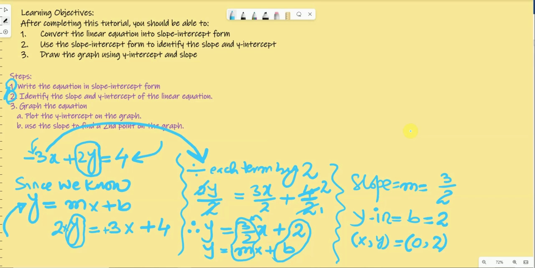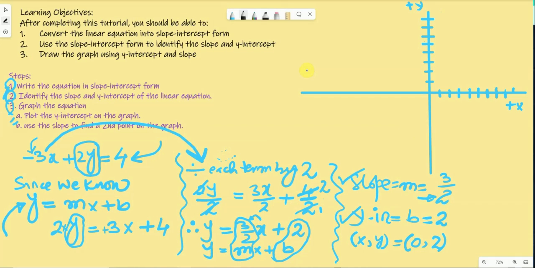So the third step is to draw the graph. Let's do it. To draw the graph, first we will plot the y-intercept, that is 2.